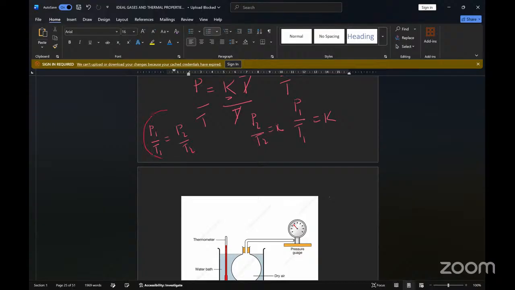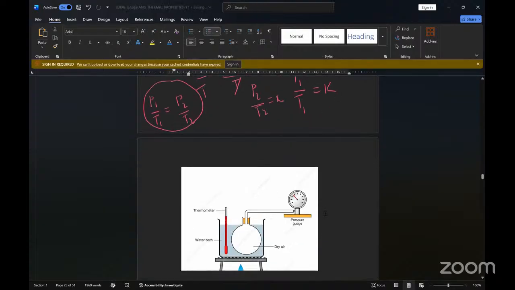So this is the formula we are going to use with respect to Gay-Lussac's law.